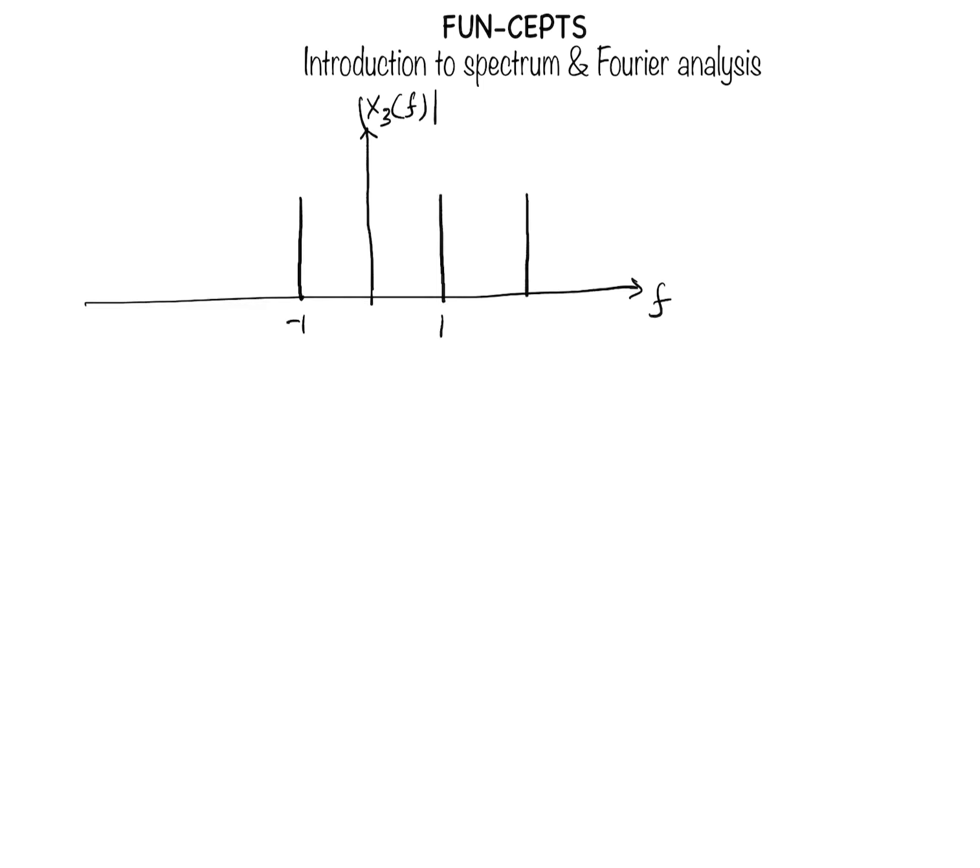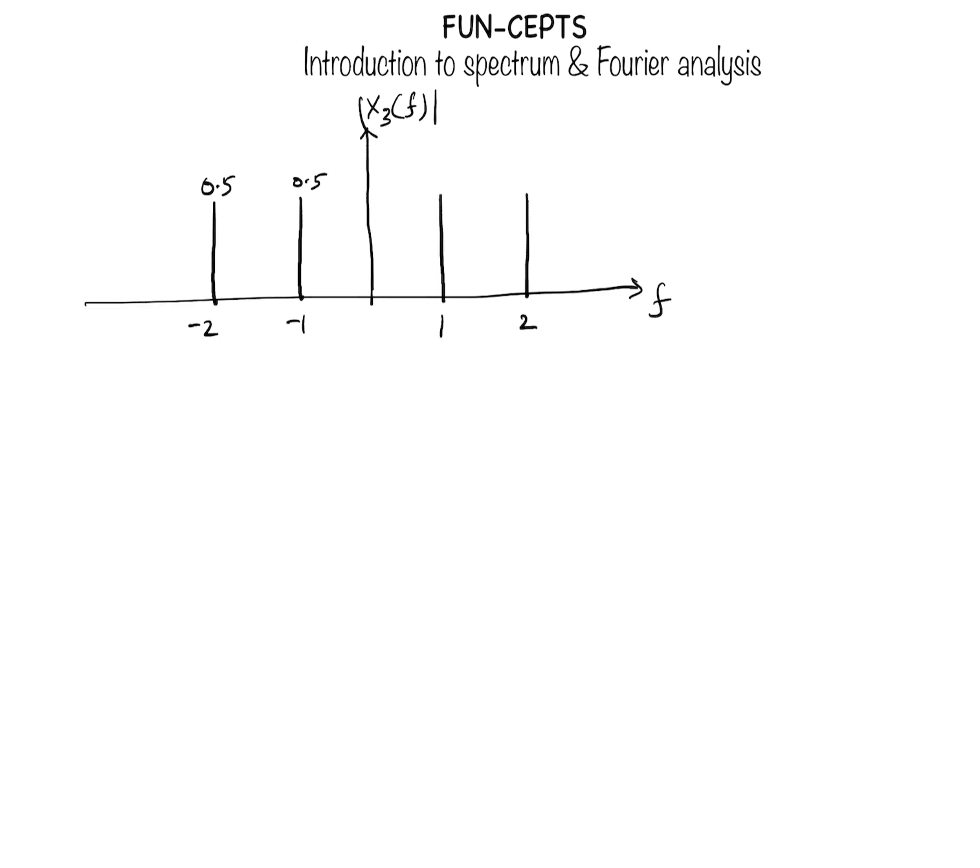So if you just redraw the spectrum of x3 of t, which has a 1 Hz component and a 2 Hz component, that's f on the x-axis and magnitude of x3 of f on the y-axis. It had a component at 1 Hz and minus 1 Hz, so that's 1 and minus 1, and it also had a component at 2 Hz and minus 2 Hz, and all of them had an amplitude of 0.5.